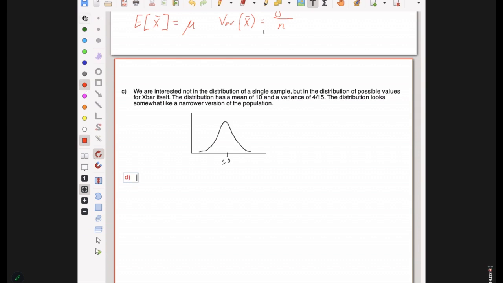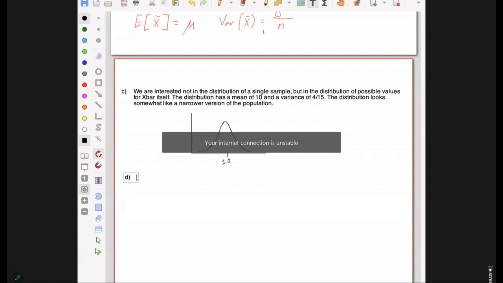This is sort of referenced in the start of your notes, I think.